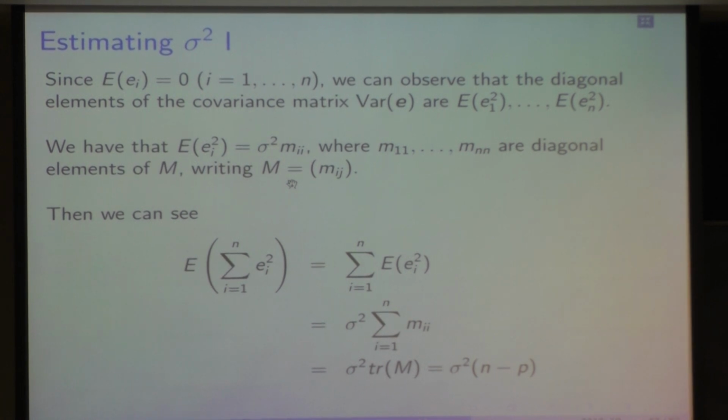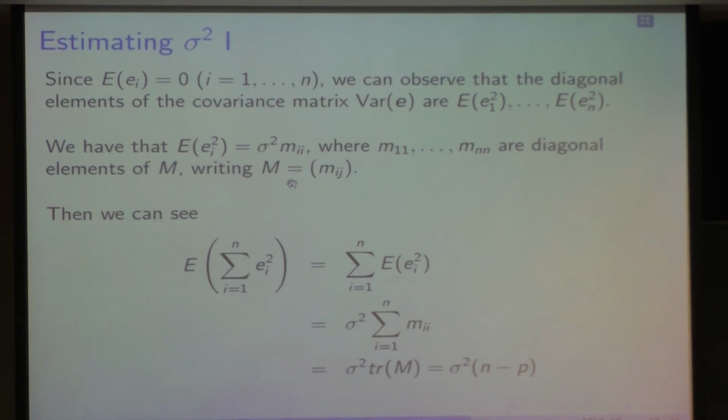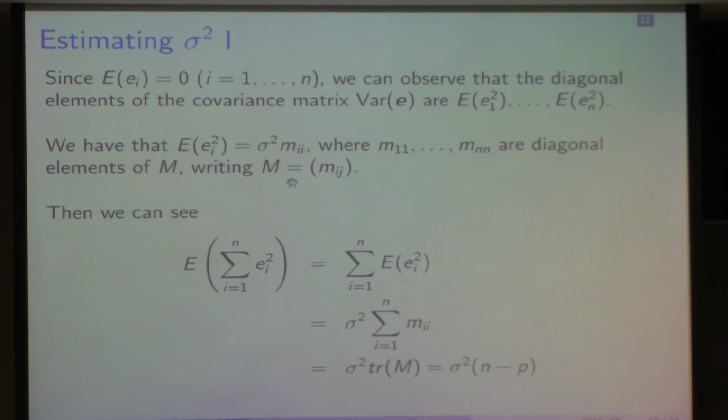So, let's say that what we want to do is to estimate sigma squared, which, remember, is an unknown parameter of the model. It's the variance of the random term in our model. So, we can see that the expected value of the sum of the squares of the residuals is equal to sigma squared times n minus p.